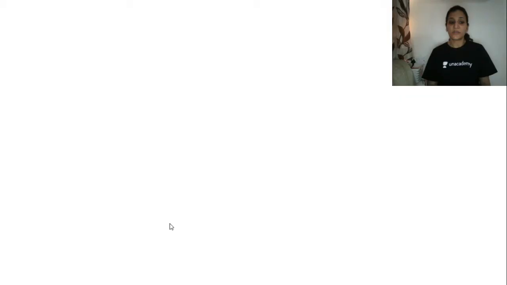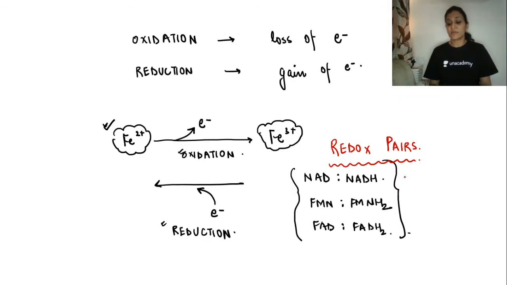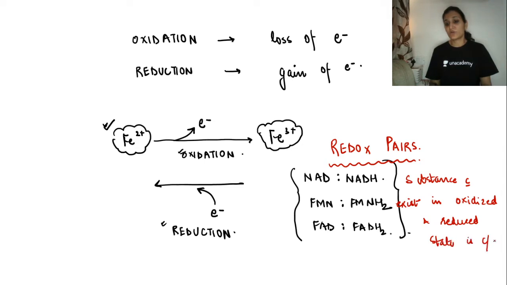Compounds which exist in the reduced and oxidized state are called redox pairs.